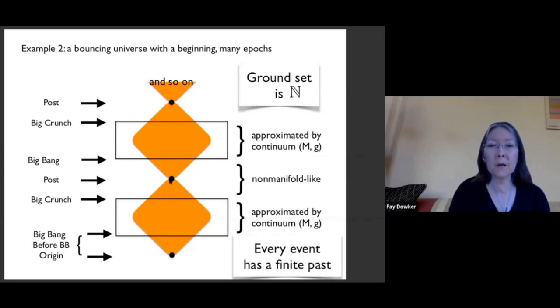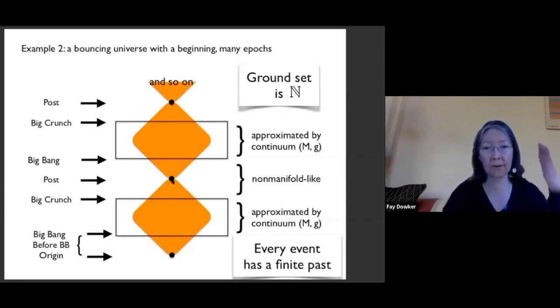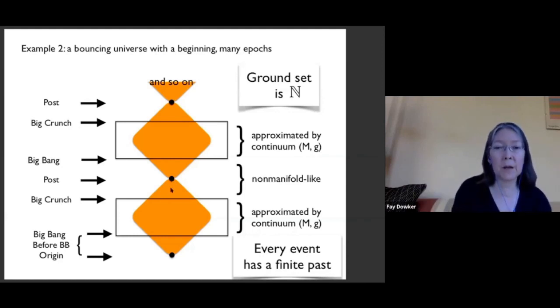And that's known in the mathematics literature as a post. It's an element in a partial order such that all other elements are either before it or after it, either below it or above it. So this element here is a post. And then after the post, there's another non-manifold-like era.